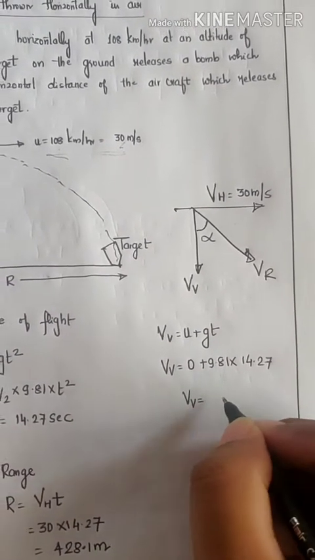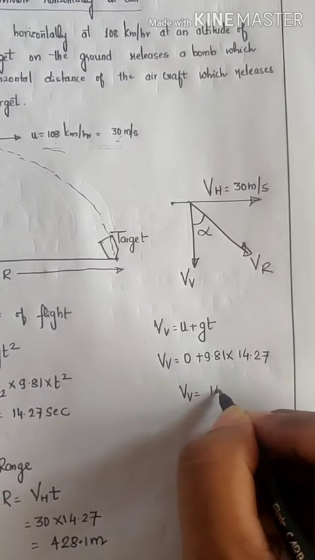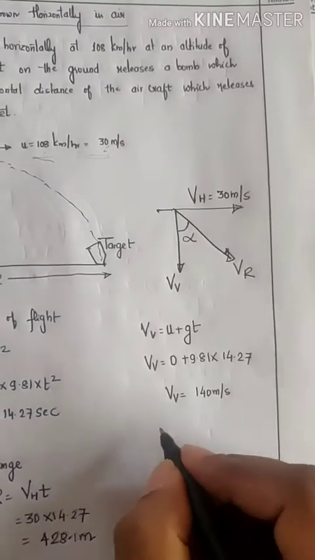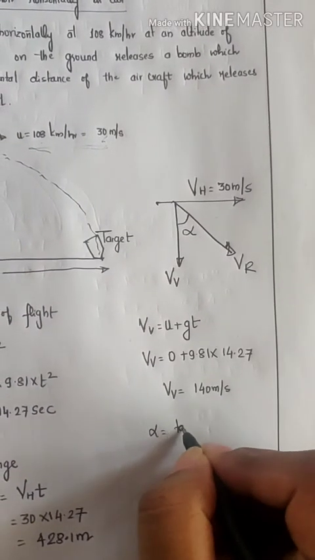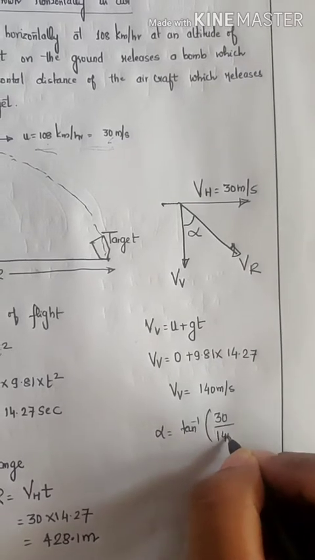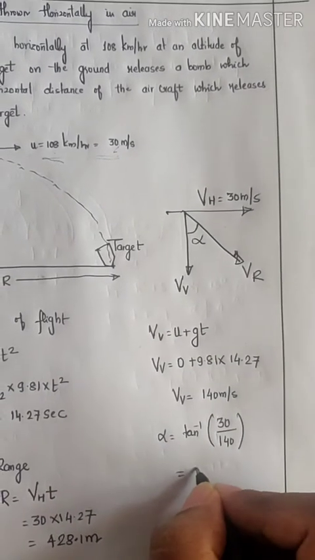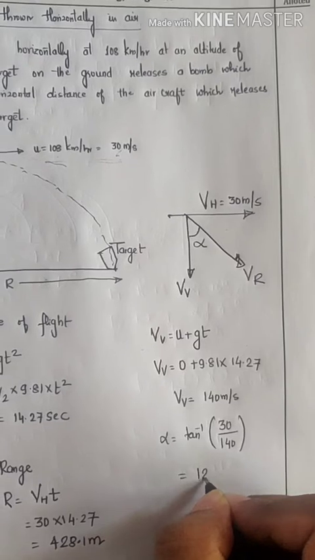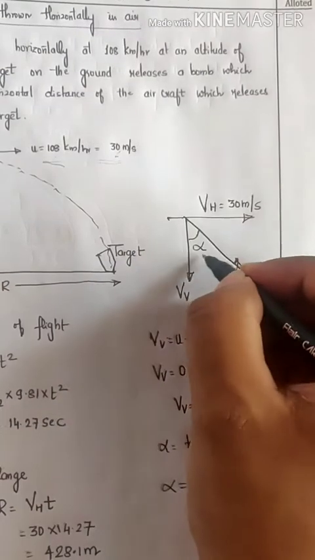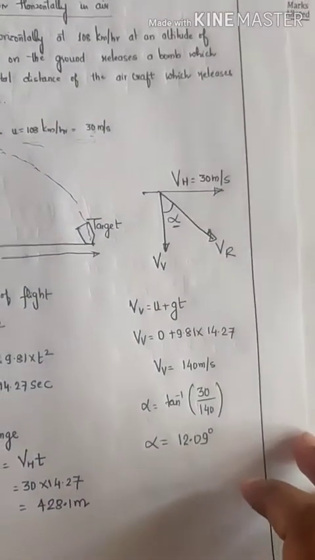So the final velocity will be 140 meter per second. Then alpha is tan inverse of horizontal velocity by vertical velocity. So we'll get alpha as 12.09 degrees.